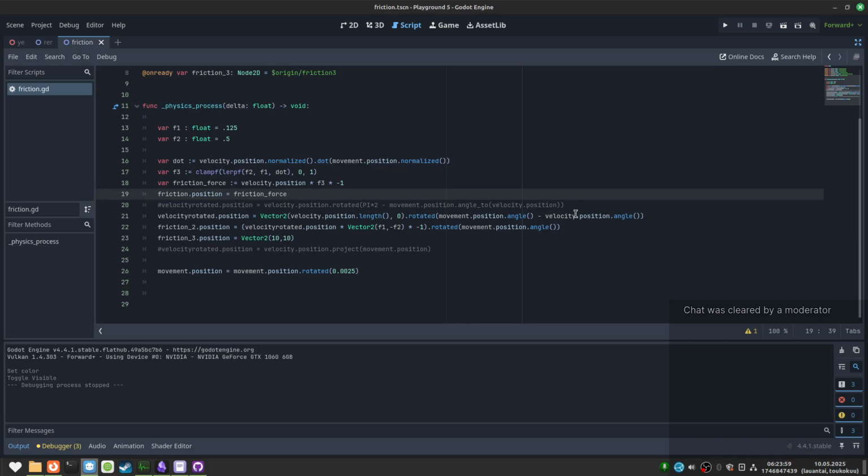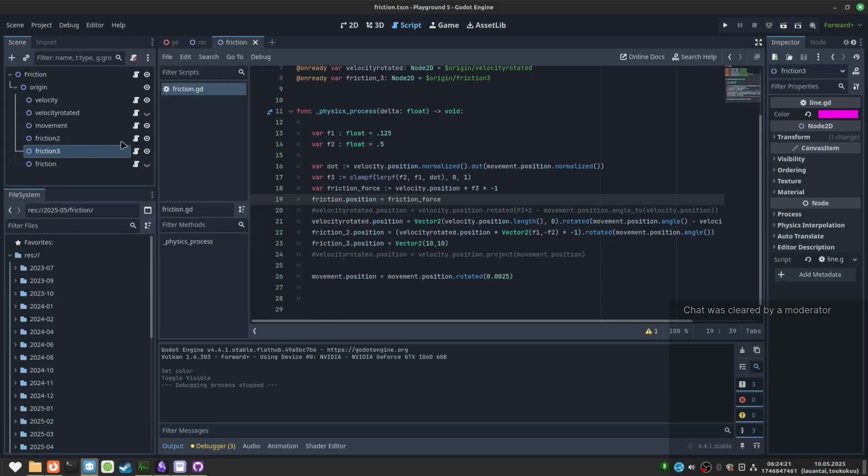Yeah, we have the relative angle between the movement and the velocity. Do I really have to get the angle of these? Let me hide the friction stuff for now.